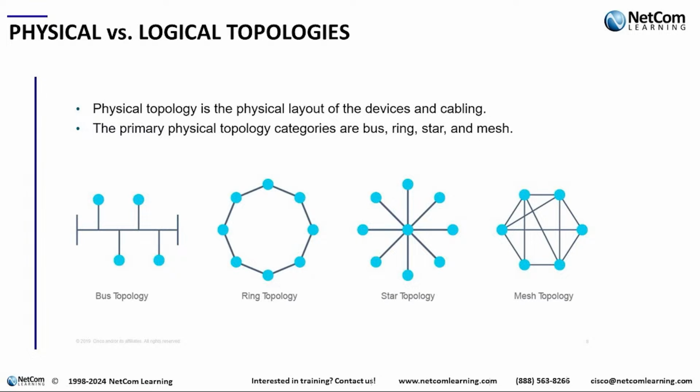In a ring topology, the next one, all of the devices are connected via cable that loops in a ring or a circle. And since there's no beginning and no end, there's no need for terminators in a ring topology. So signals travel in one direction while they pass from one device to another, with each device regenerating the signal so it can travel the distance that's required.